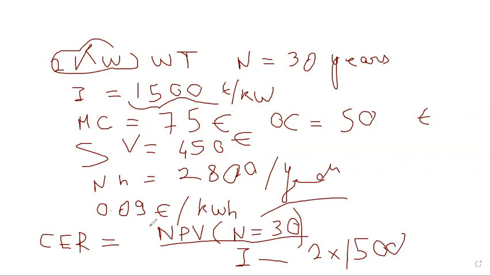Whenever we want to calculate the NPV, we should determine over the whole lifetime the costs and incomes of our project. So let us now write the NPV. The net present value represents the value of incomes and costs all back to present.